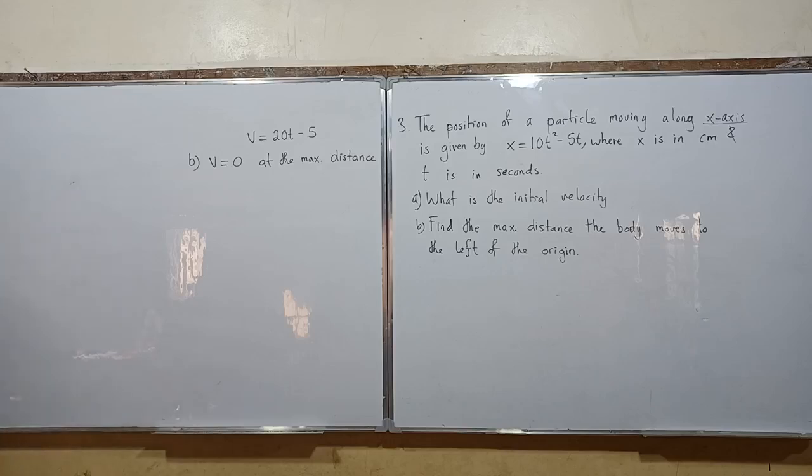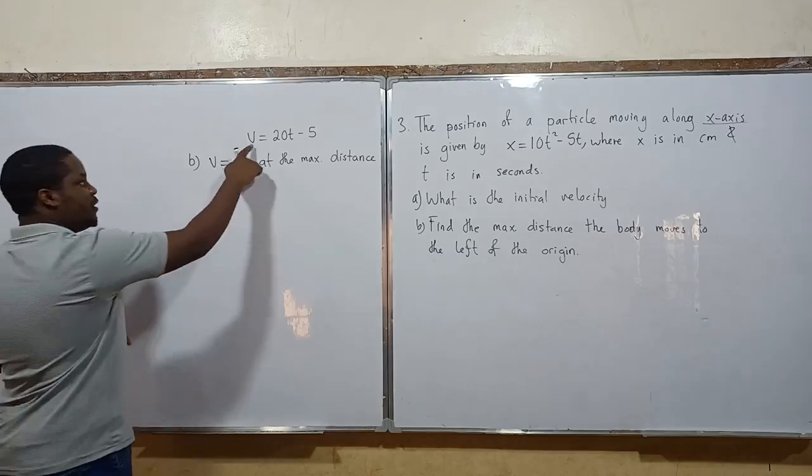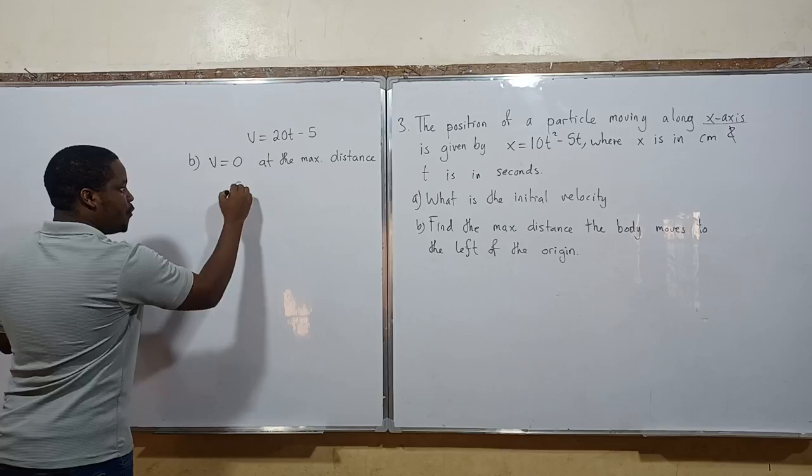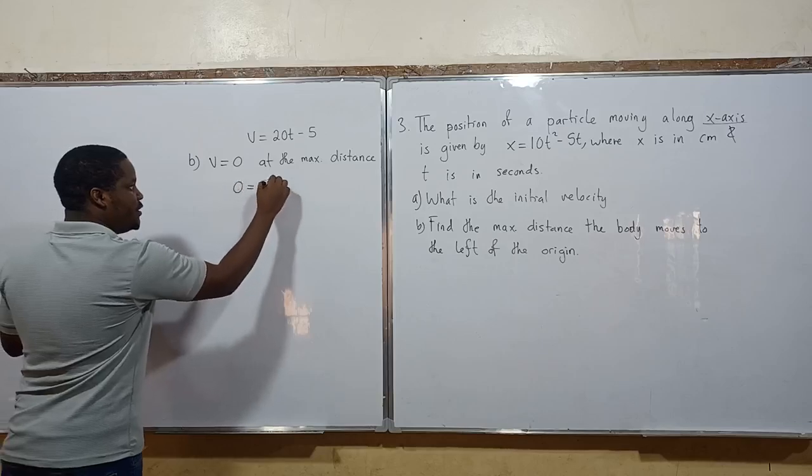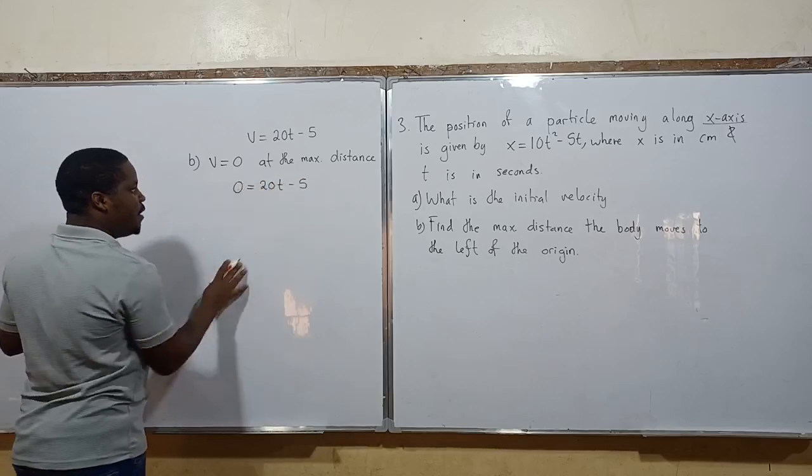So if that's the case, let's find time. Remember, we have an expression for velocity, the one on top there. So we can find how long it took to reach that maximum distance. We substitute v with 0: 0 is equal to 20t minus 5.